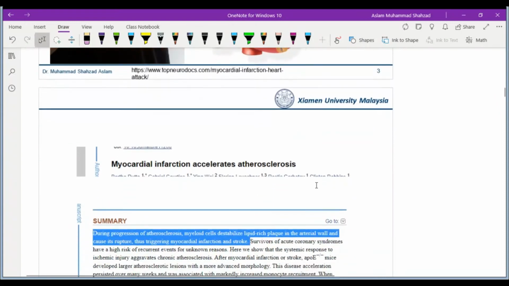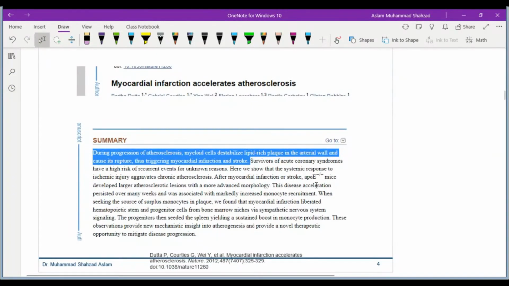We need to understand that myocardial infarction can also accelerate the process of atherosclerosis, and it occurs because the myeloid cells destabilize, as I have highlighted here.